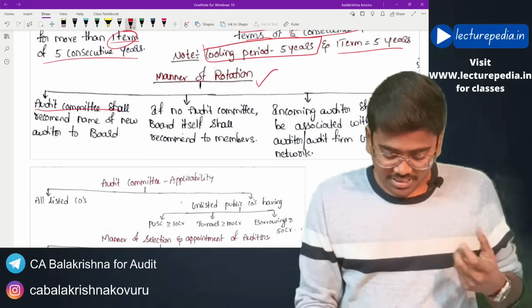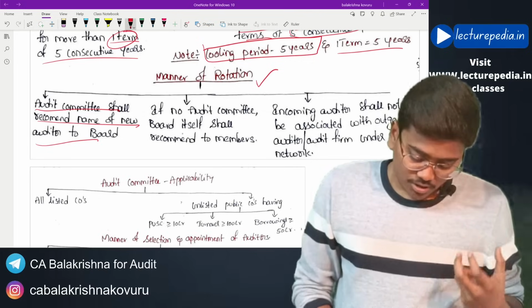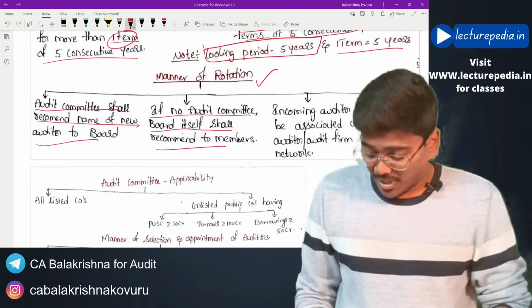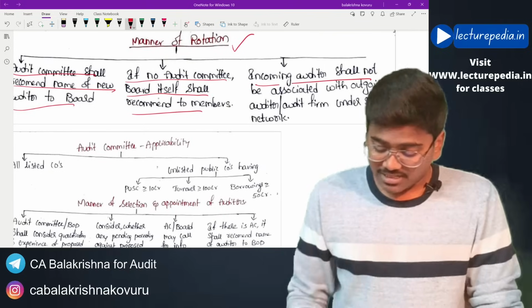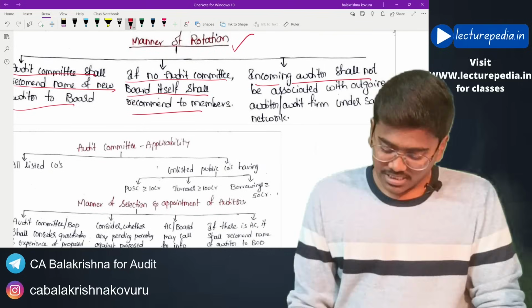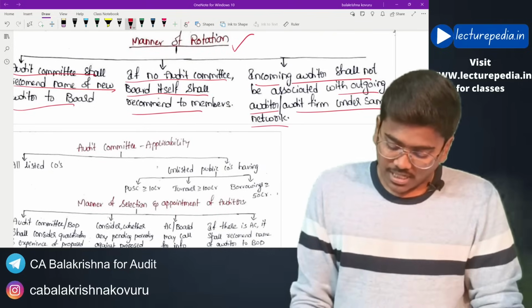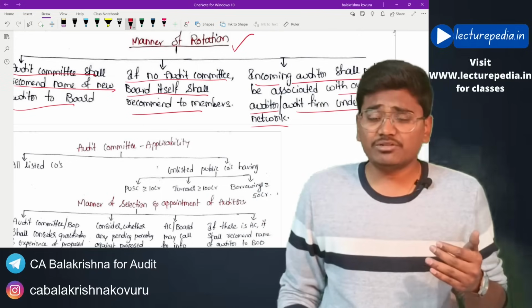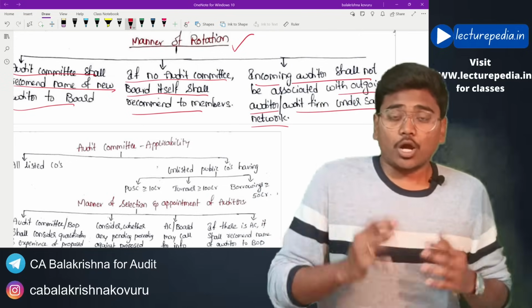So the audit committee shall recommend the name of the new auditor to the board. If no audit committee, the board itself shall recommend to the members. And the incoming auditor shall not be associated with the outgoing auditor or audit firm under the same network. Okay, there should not be any connection between the incoming auditor and the outgoing auditor.